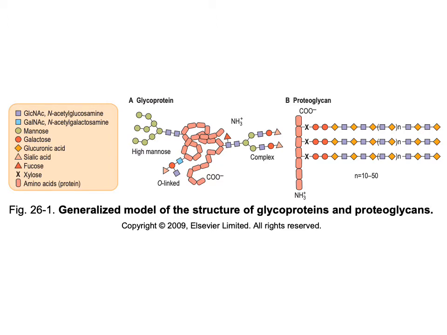And again, with these molecules, there's a polypeptide backbone with long linear chains, often very similar, if not identical to each other, that are branched off of the polypeptide chain backbone.